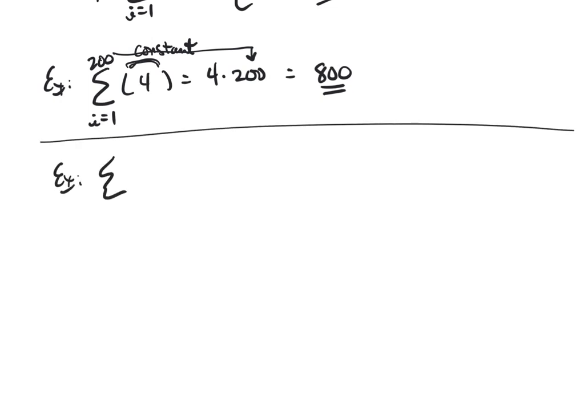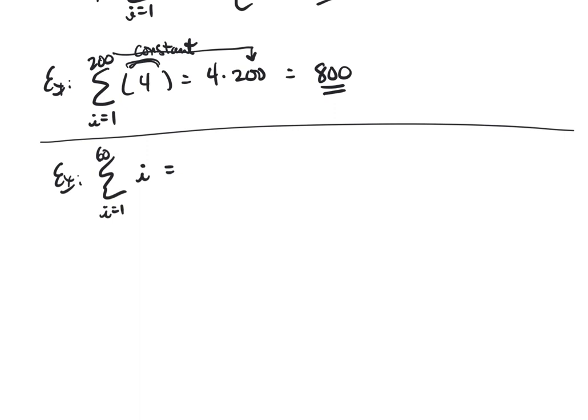Okay? The second one, if I gave you the summation from i equals 1 to 60 of just a plain old letter, just a single variable, i, again, what this really wants us to do is take 1 plus 2 plus 3 plus 4 plus 5 plus 6 plus 7 plus ... plus 57 plus 58 plus 59 plus 60.